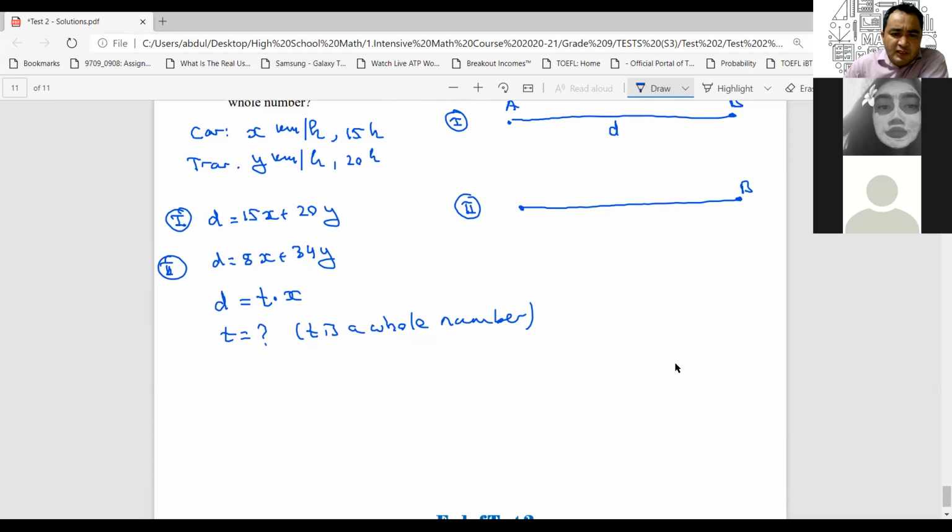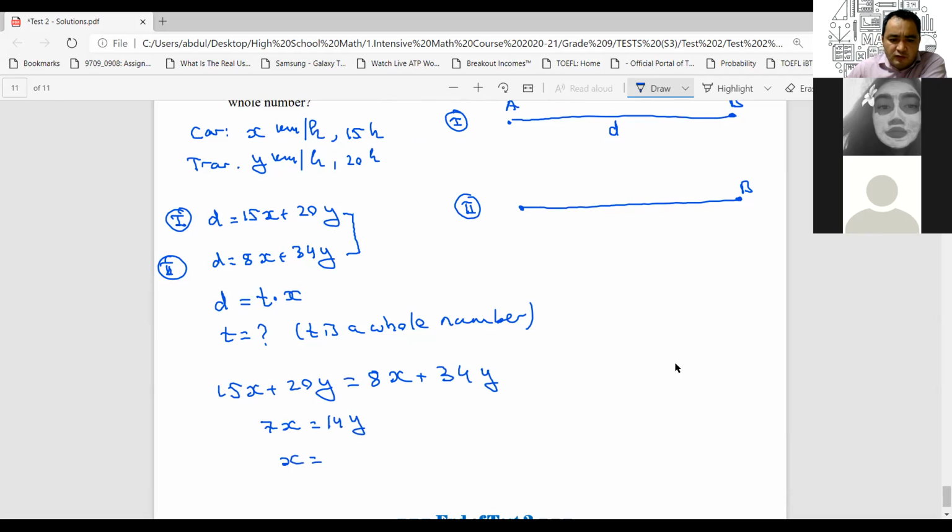Now from here, you see the left hand sides are equal. So 15x plus 20y should be equal to 8x plus 34y. Take 8x to the left hand side, that is 7x, and 20y to the right hand side, that is 14y.